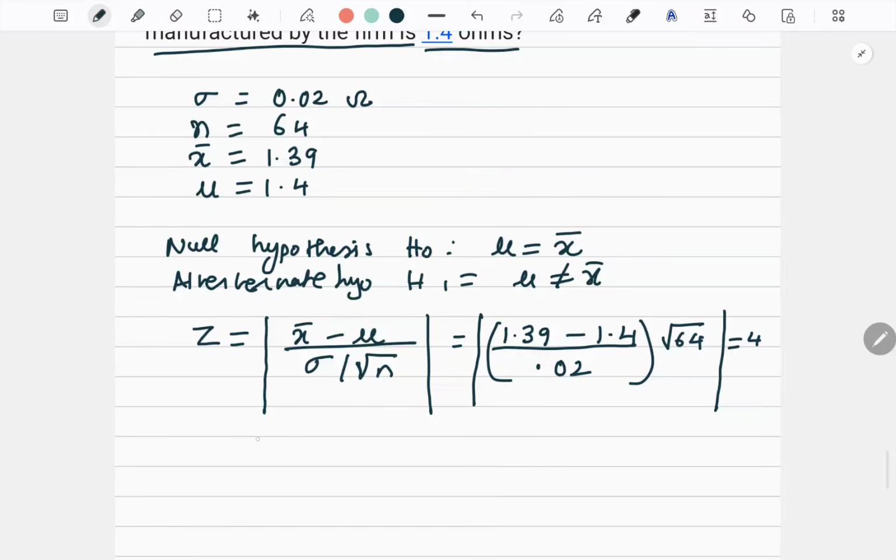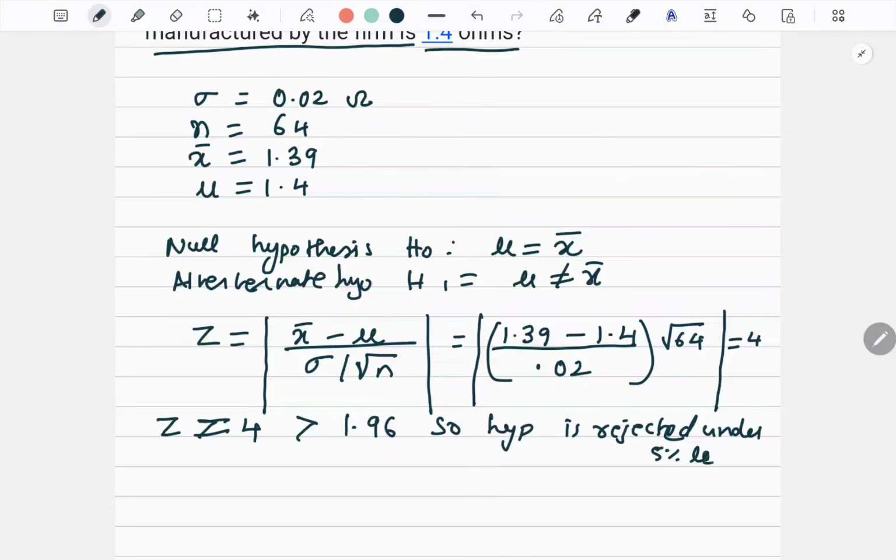Now, in this question, they have not mentioned any significance level. So what I will do, I'll write Z is equal to 4, which is greater than 1.96. So the hypothesis is rejected under the 5% level of significance.